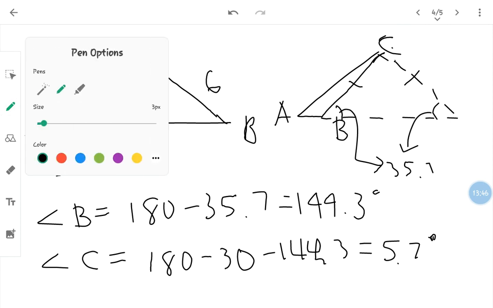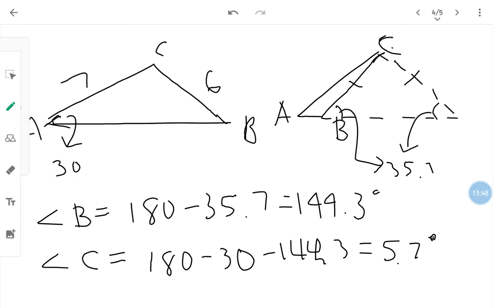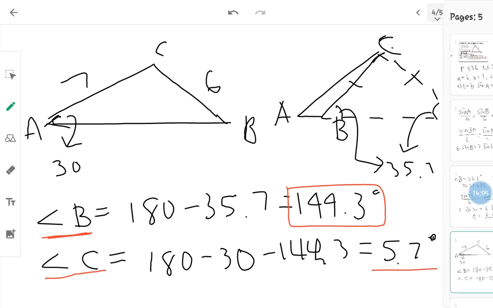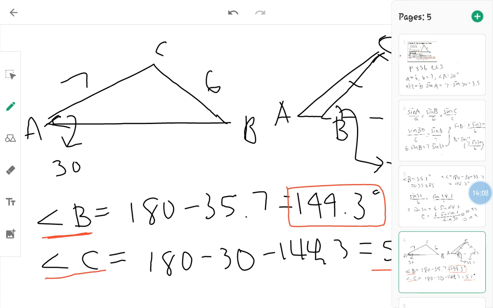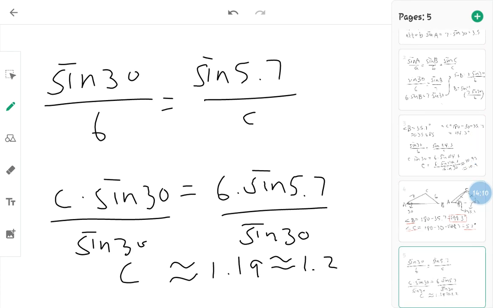This is the key. This is how we got the obtuse one, right? So you have to get 144.3 by using 35.7, which is our acute angle. Then you can find the new C according to what B you have. That's 5.7. After that, you can find the rest of the information, which is side C.